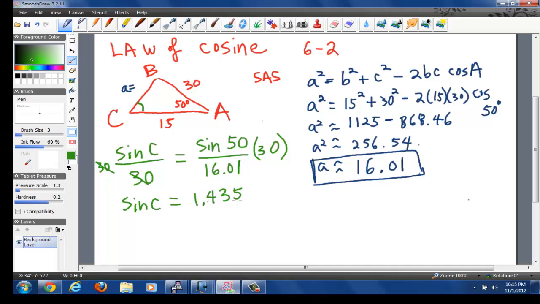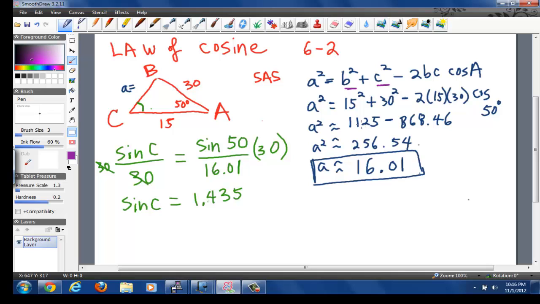I need to go back and look at my A value, my B value, my C value, and cosine of 50 to see if I did this right, because something ain't cooking.